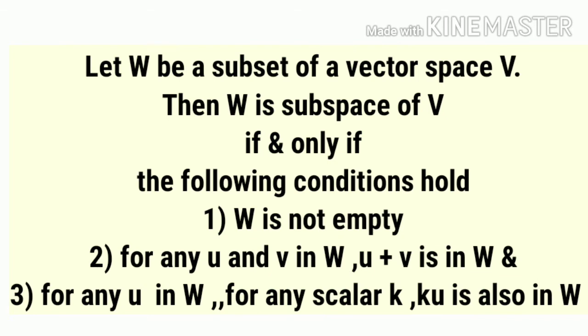First condition is capital W is non-empty. Second condition is addition of any two vectors is also contained in W, for any vector u and vector v in capital W. Third condition is scalar multiplication of a vector is also contained in W, for any vector u in W and for any scalar k. If the three conditions are satisfied, therefore capital W is a subspace of vector space V.